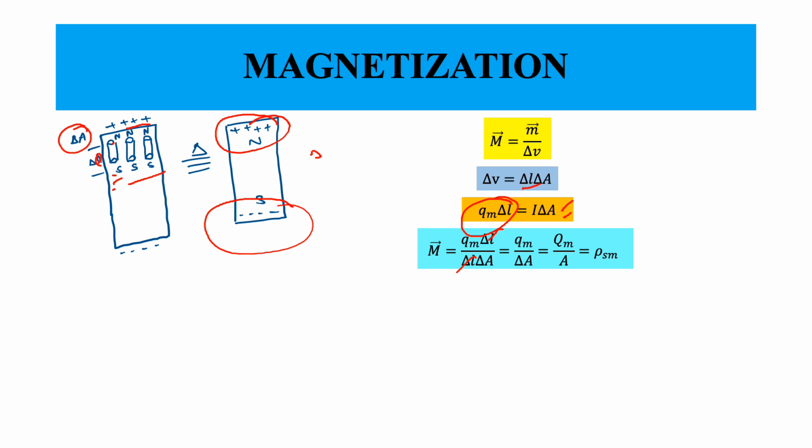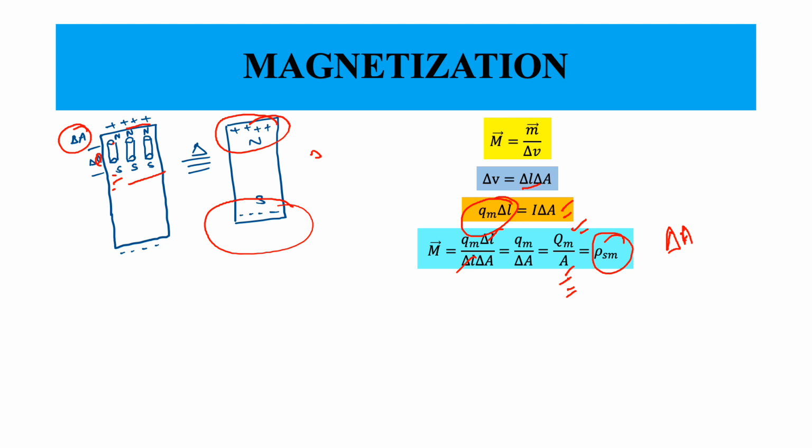If you consider the total area, and the total charge Qm, which is the sum of all the tiny dipole charges, and the overall area A, which is the sum of all the delta A's, what you essentially get is a magnetic surface charge density, because this is charge per unit area.